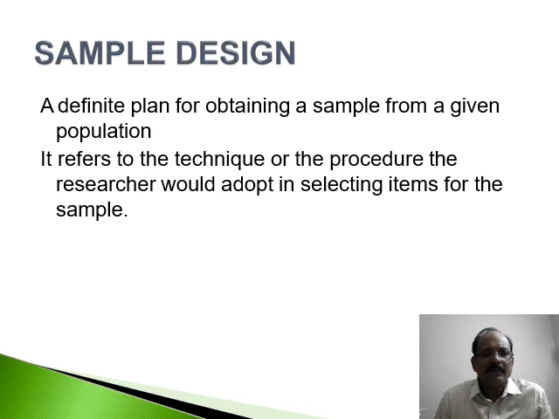There are two types of surveys you can follow. One is the census survey, the second is the sample survey. The census survey, also termed the complete enumeration technique, means each and every unit in the population is studied. It is very time consuming and tedious.